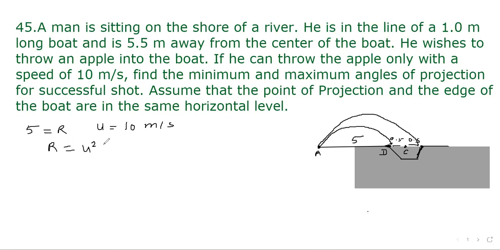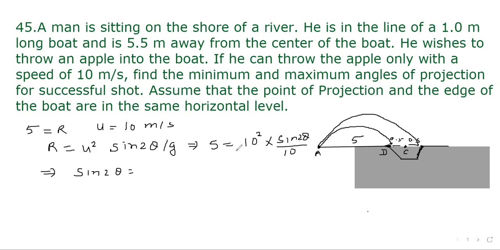R equals U square sine 2 theta divided by G. So R is 5 equals 10 square into sine 2 theta divided by G. G is 10. So sine 2 theta equals 5 by 10, that is 1 by 2. Sine 2 theta will be equal to sine 30 degree, from where we get theta equal to 15 degree.